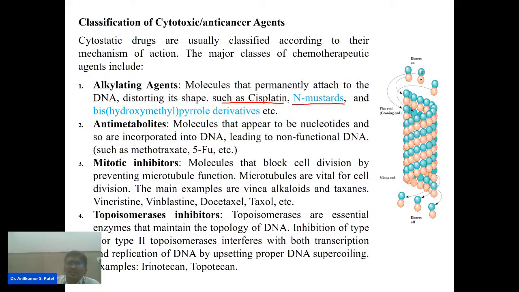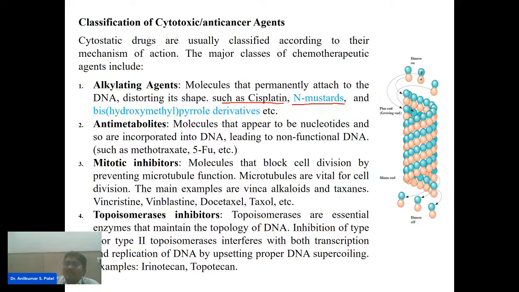The second is anti-metabolites, molecules that resemble nucleotides and so are incorporated into DNA, leading to non-functional DNA. So molecules like 5-fluorouracil work as anti-metabolites. Third, mitotic inhibitors are molecules that block cell division by preventing microtubule function.